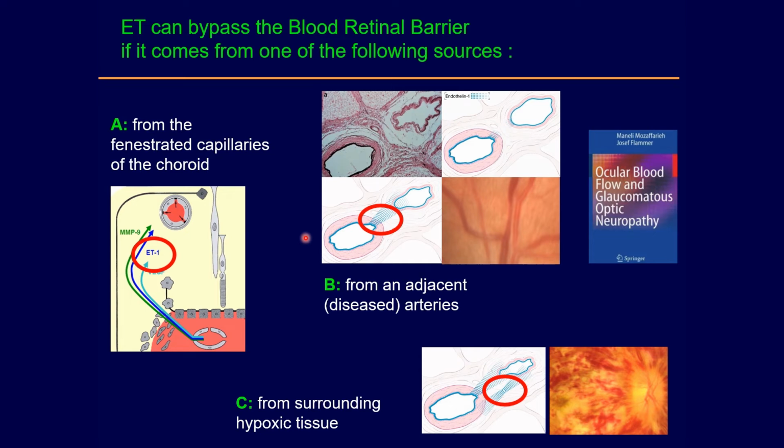From our previous studies on isolated ocular vessels, we know that veins are about 10 times more sensitive to endothelin than arteries. Finally, endothelin can also originate from the adjacent hypoxic tissue. This, for example, is the case in patients with progressive retinal vein occlusion.